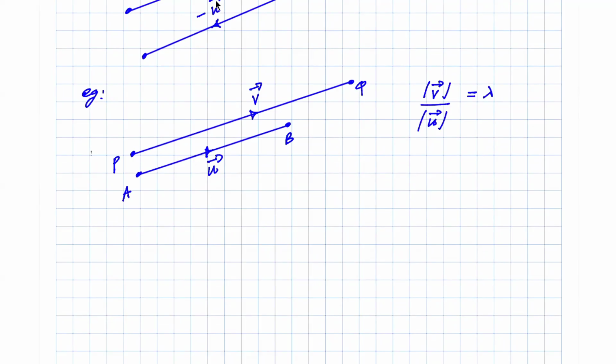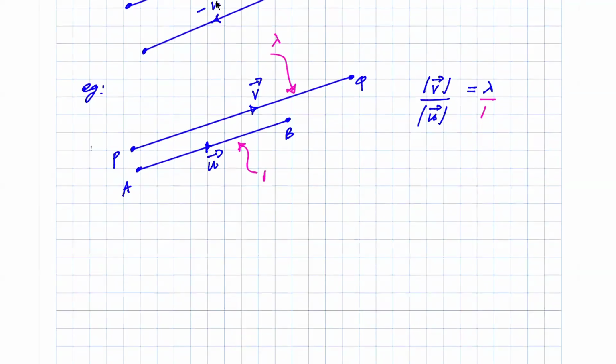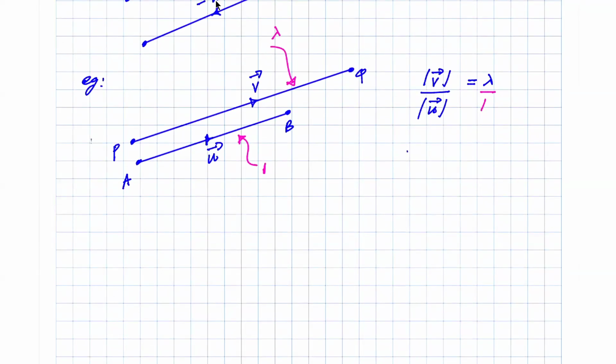What is the meaning of that? If you think about the size of this one being 1, then the size of this one is lambda. You can see that here, 1 to lambda. So the ratio is 1 to lambda, and we can write V vector as lambda times U vector.